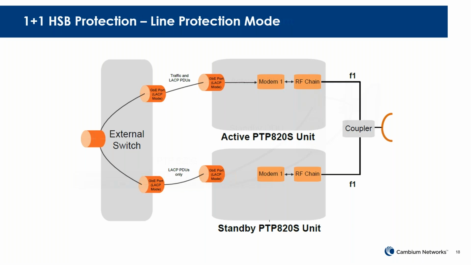And on the antenna side, it's the same, you're going to use a coupler. So very important, when you want to use 1+1 hot standby protection in the line protection mode, you need to make sure that the external switch will support LACP. And of course, you also need to turn on LACP on the A20S as well.